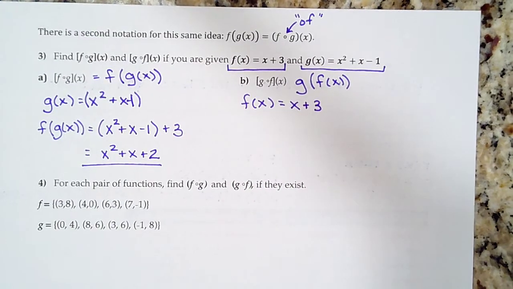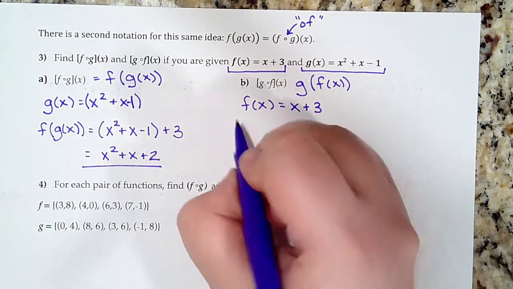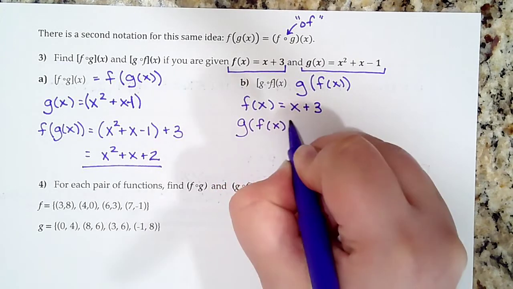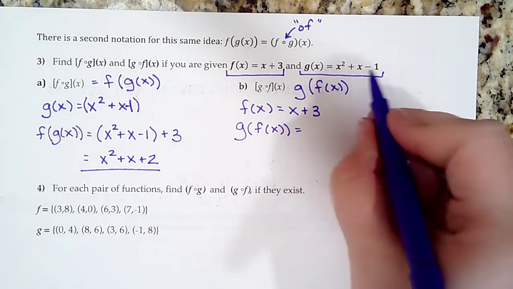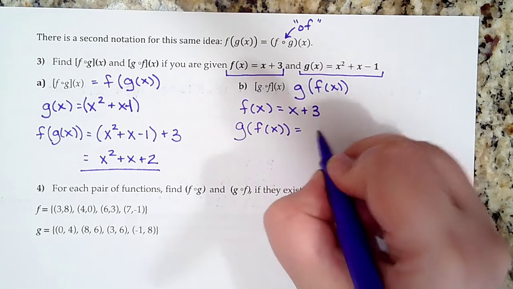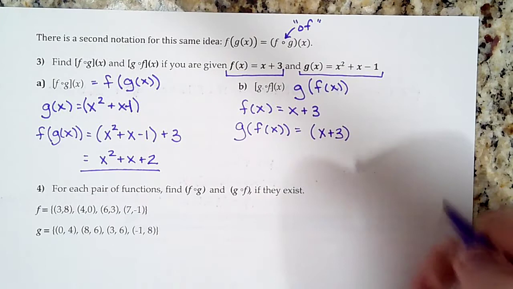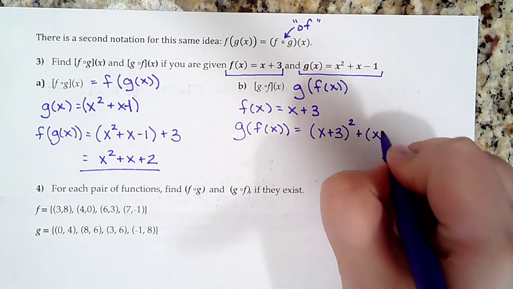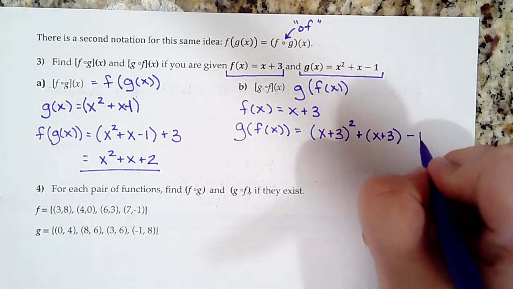Now it doesn't give me a number, so whatever f of x is, I have to plug directly into my g function. F of x, and then wherever I see an x in this function, I have to replace it with x plus 3. So x plus 3 squared plus x plus 3 minus 1.